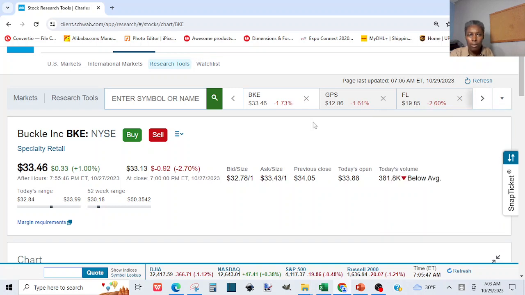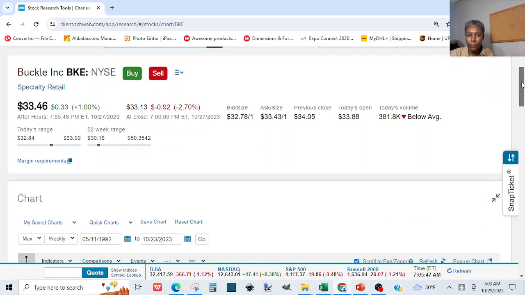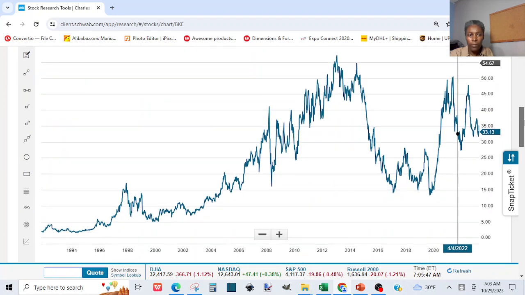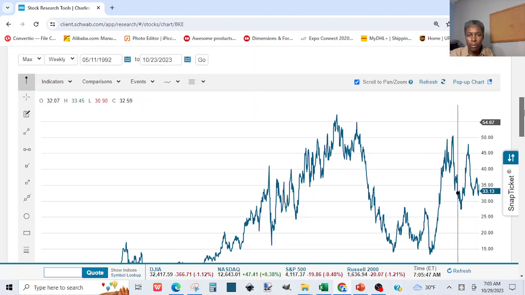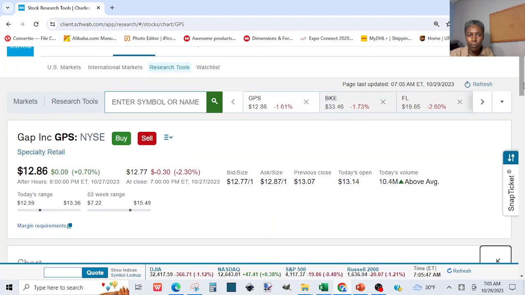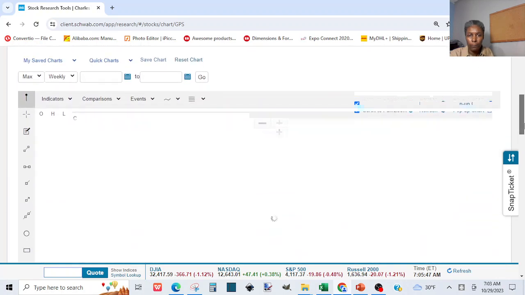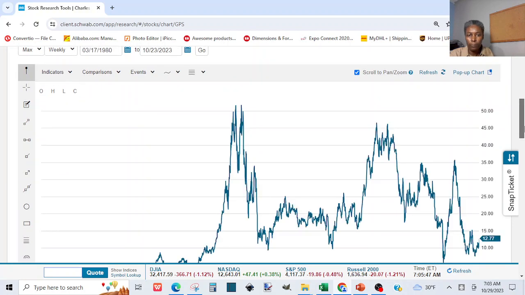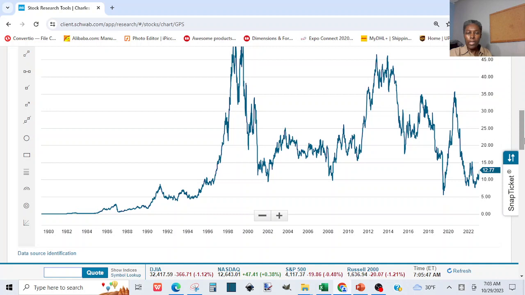So let's take a look at this, the way it looks, and let's go to the Gap. And when you look at the Gap and you look at that one, the Gap is even older, 1980.